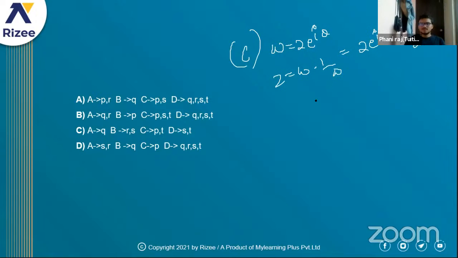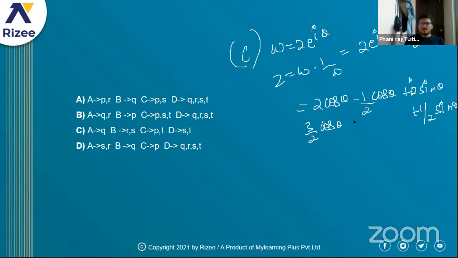What is this? 2 cos theta minus 1 by 2 cos theta plus i into 2 sin theta plus 1 by 2 sin theta, because it will be minus sin theta. So what is this? 3 by 2 cos theta plus i into 5 by 2 sin theta.